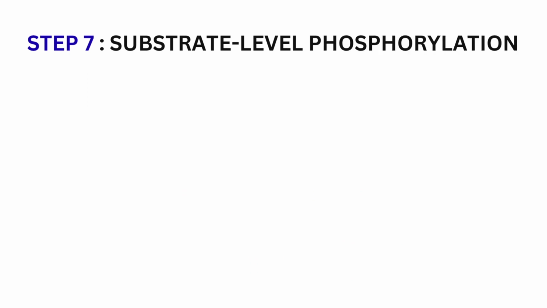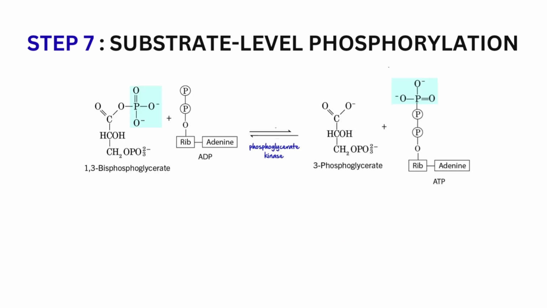Now we come to reaction 7 of glycolysis, which is a very important step because this is where ATP is actually synthesized. In this reaction, the high energy compound 1,3-bisphosphoglycerate is converted into 3-phosphoglycerate by the enzyme phosphoglycerate kinase.